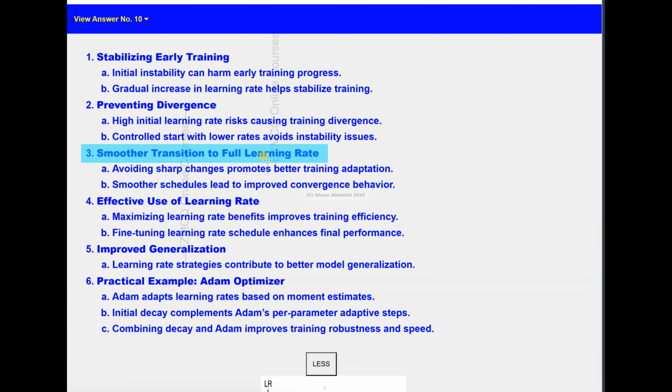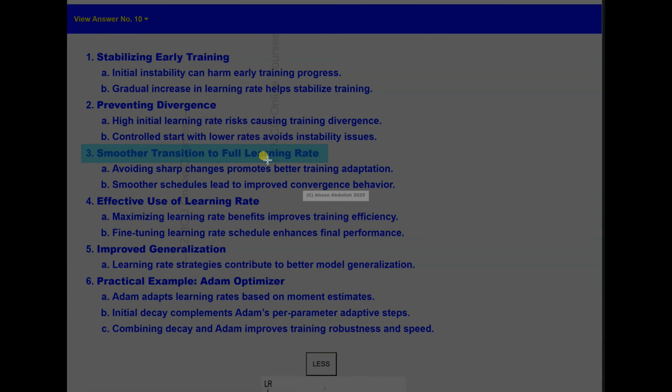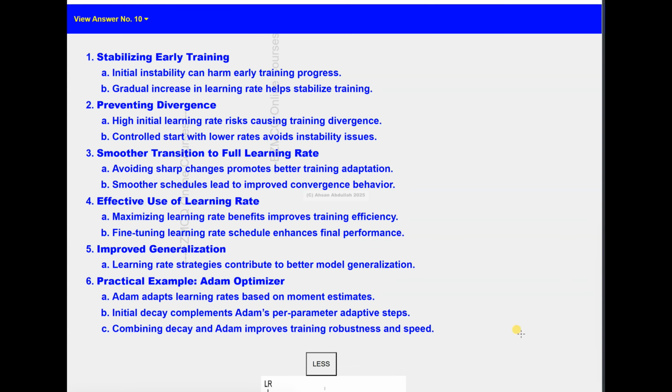So this gradual rate increase helps the model adapt smoothly, gently, and transition more effectively into stable and then finally large step training. This is more or less like the concept of simulated annealing also. If the metal is gradually heated, it is more malleable, and it is easier to shape it.